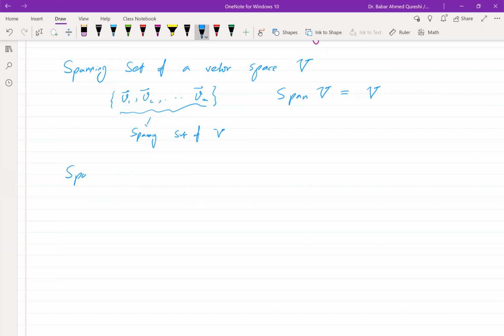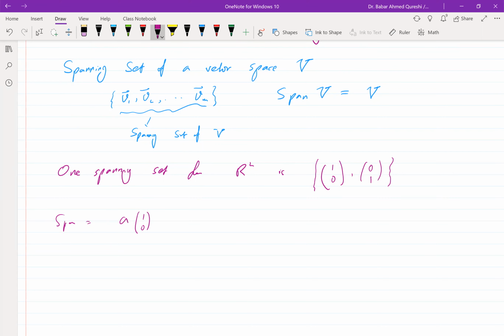So one spanning set is this, because the span of it is of this type, for all arbitrary a, b, so this set is equal to R2.